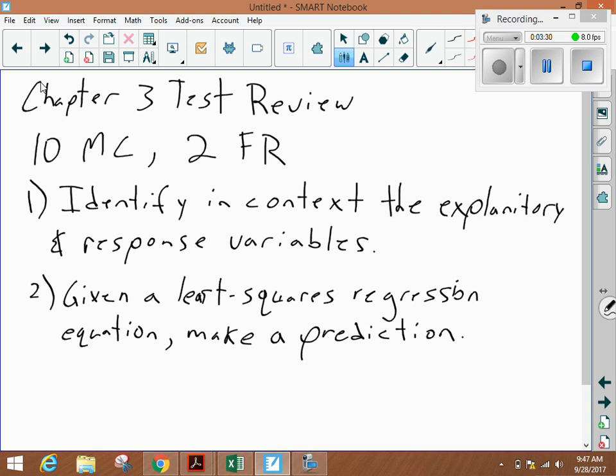No problem, right? They give you an x value, you plug it in, it spits out a y hat value. That's it. That's what you're being asked to do. That would be pretty much exactly like 3.2 letter B. Exact thing. But it's a multiple choice question.